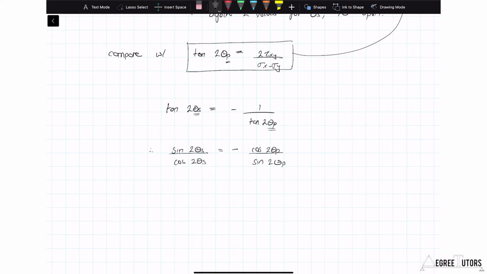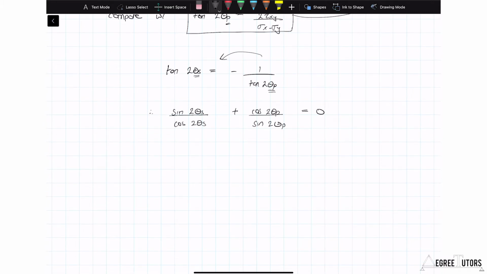Now we brought this over to the other side of the equal sign, and that should in fact be plus, because now we've brought it over, and that means on the right hand side we have it equal to 0. So now I'm going to get this down onto one line. I'm going to have sine of 2 theta s times the sine of 2 theta p plus the cosine of 2 theta p times the cosine of 2 theta s.